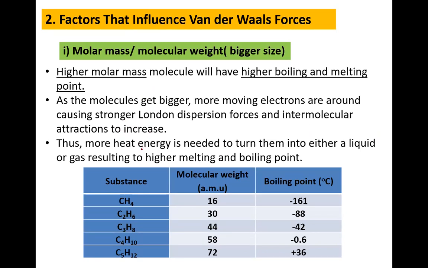Thus, more heat energy is needed to turn them into either a liquid or gas, resulting in a higher melting and boiling point. As we can see in the example below, from methane to pentane, the molecular weight of these substances is increasing, so the boiling point is also increasing.